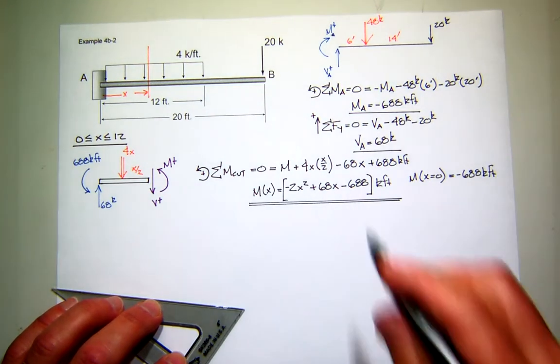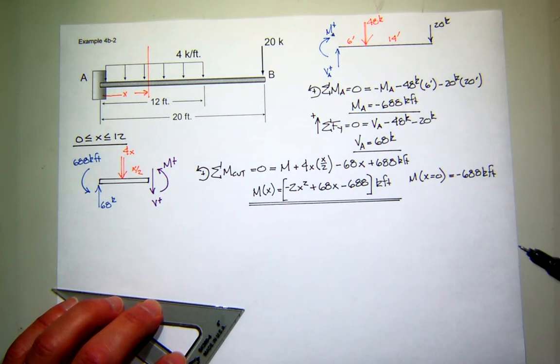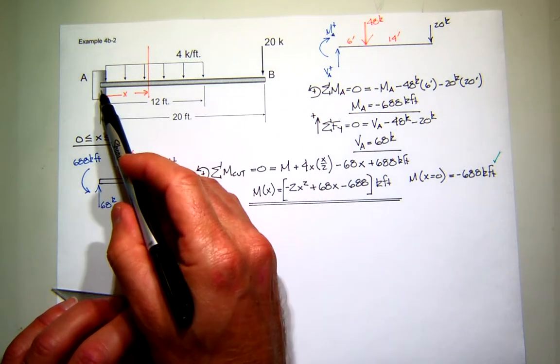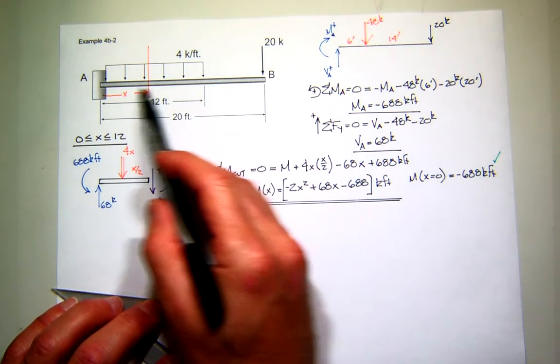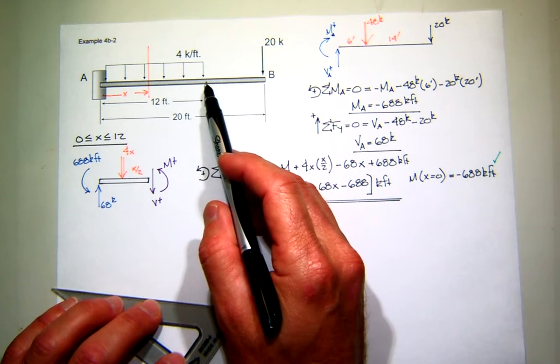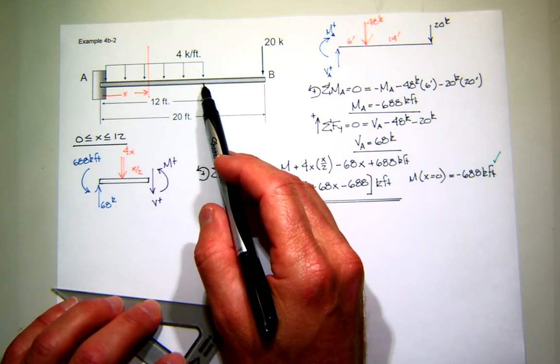And is it? Does our equation give us that? Yes, it does. But we don't have any place else to check because this equation is only good to 12 feet. Do I know the moment by inspection anywhere between 0 and 12? At this point, the answer is no, I don't.